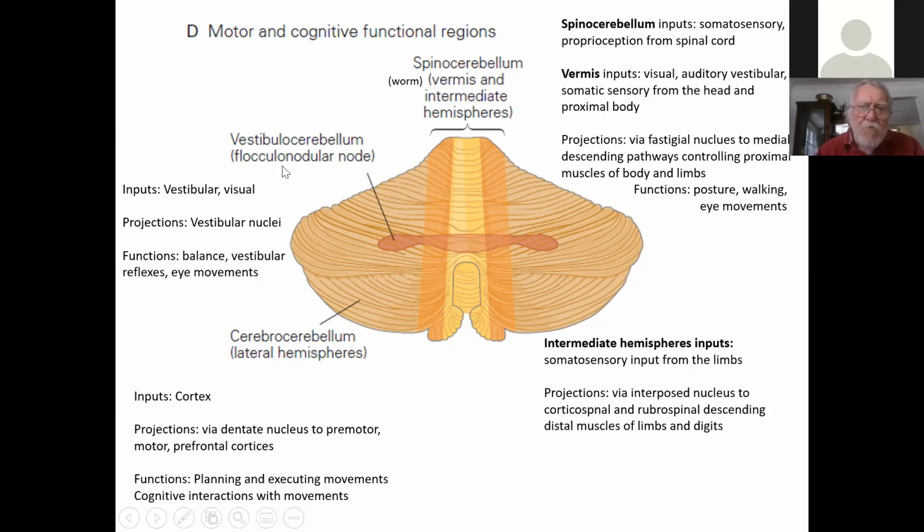And what you have in here, as well as the flocculonodular lobe, is vestibular and visual inputs coming primarily in there. And these project down to the vestibular nuclei and control balance, vestibular reflexes, and eye movements.